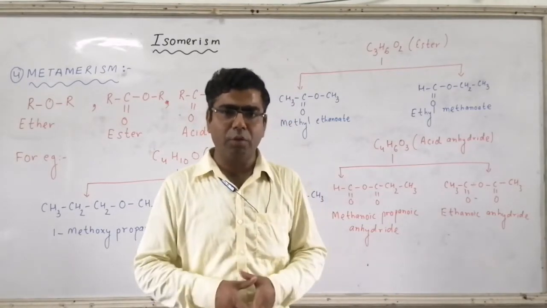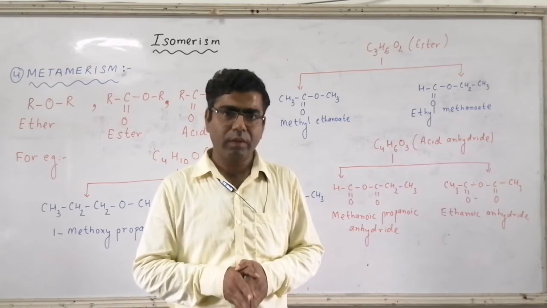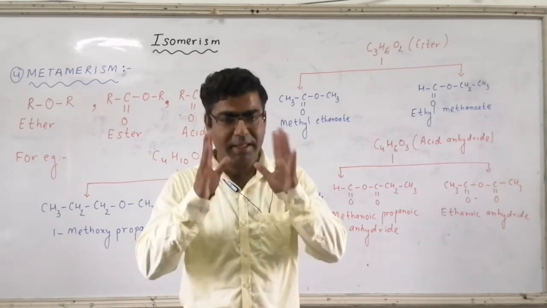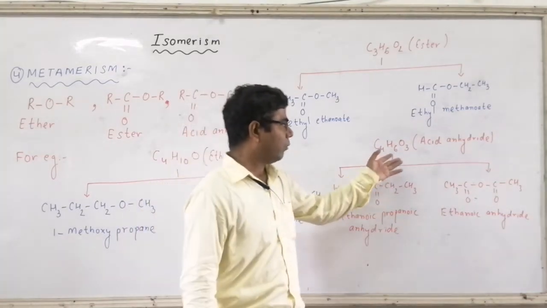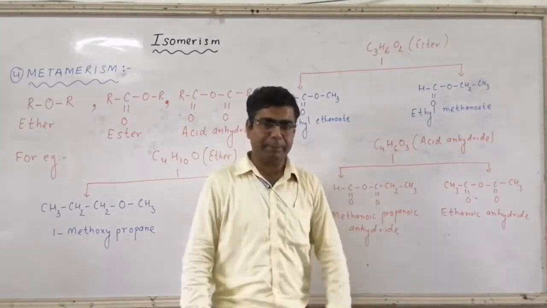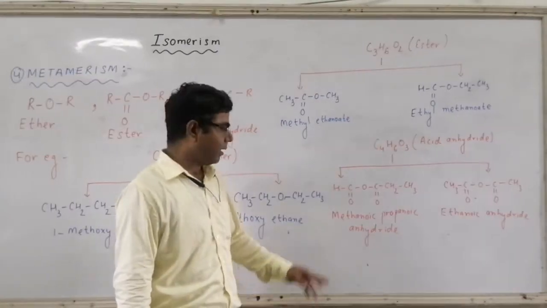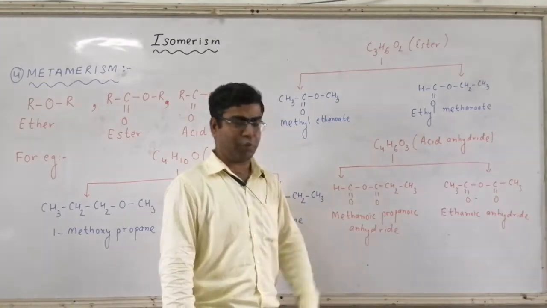Now let us talk about acid anhydride. We will be having 3 oxygen atom in acid anhydride, and the molecular formula given is C4H6O3. So the first structure that I can draw is H, C double bond O, C double bond O, CH2 and CH3.